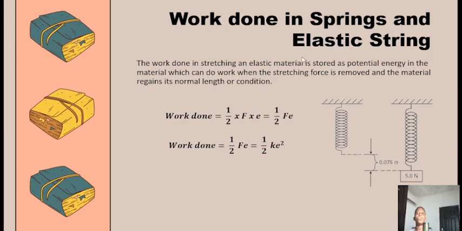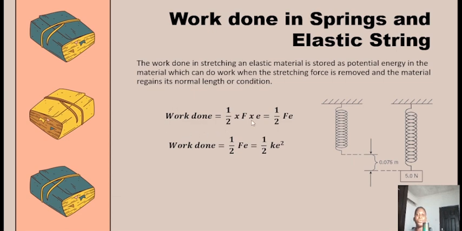So, work done in springs and elastic strings. Let's not forget, we already said that work done is force times distance. So that's how we got this formula. The work done in stretching an elastic material is stored as potential energy in the material, which can do work when the stretching force is removed and the material regains its normal length or condition. Don't forget the formula for work done.